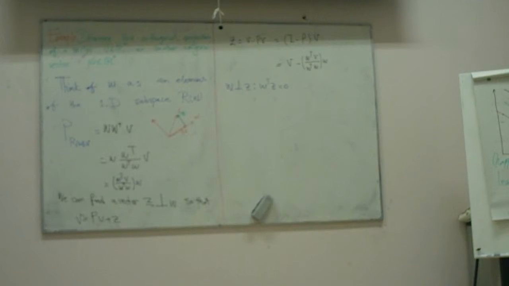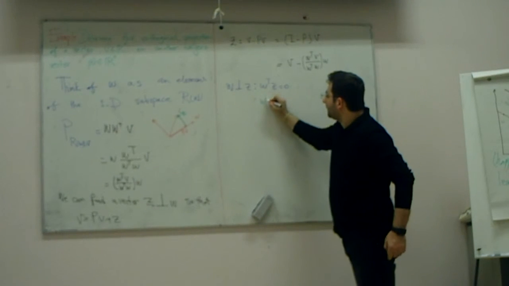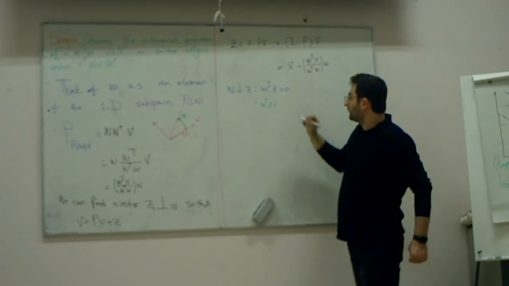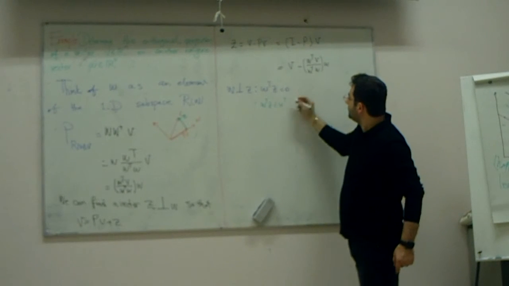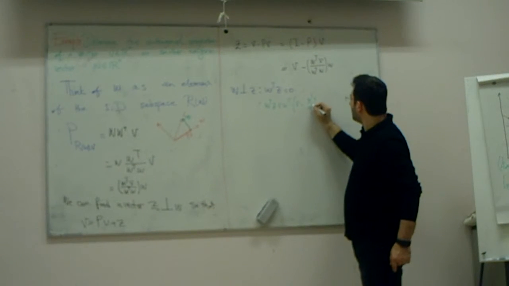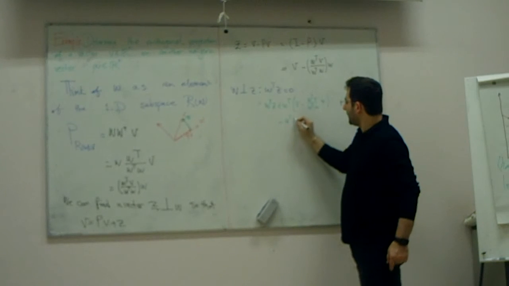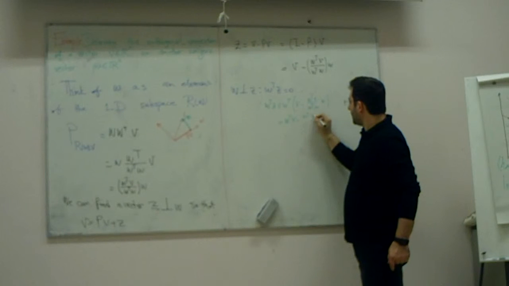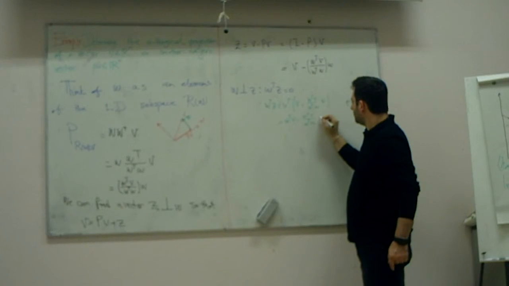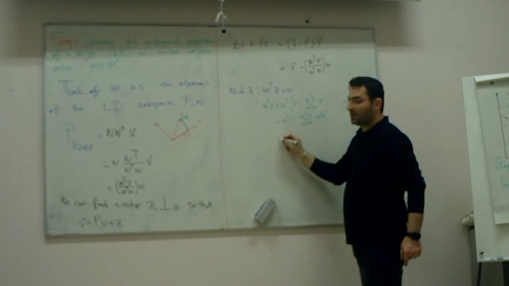Okay, proving. Look, W transpose Z is equal to W transpose, what is Z? V minus W transpose V divided by W transpose W multiplied by W, which is equal to W transpose V minus W transpose V divided by W transpose W multiplied by W transpose W. W transpose V minus W transpose V is 0.